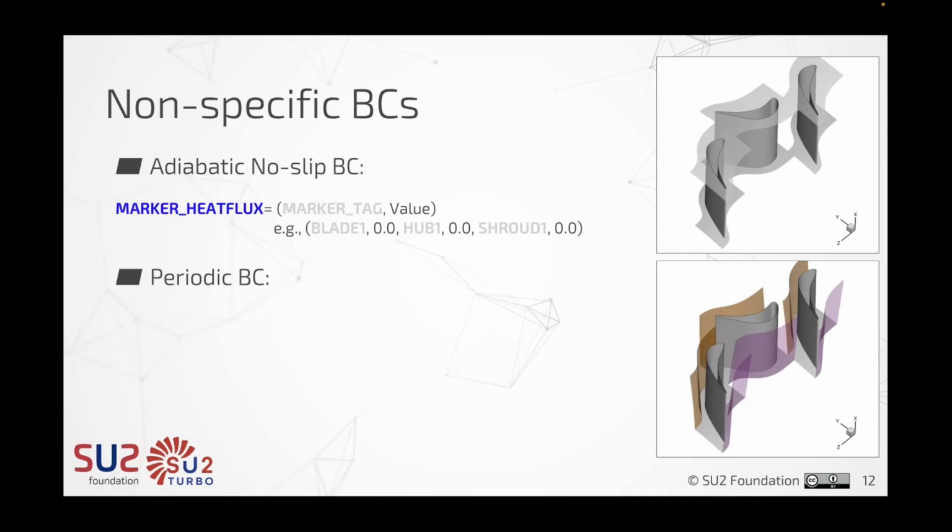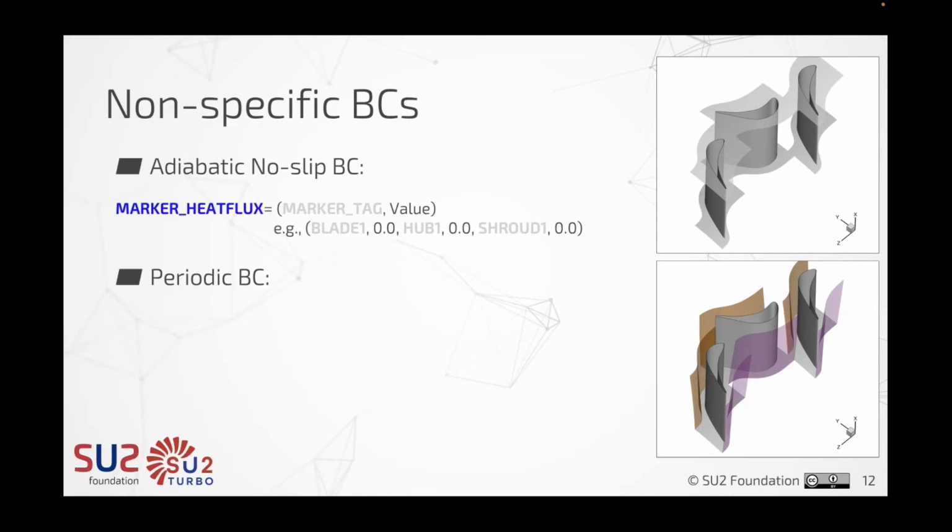Another very important boundary condition that is also not specific to turbomachinery applications is the periodic boundary. Well, in the introduction, I said that we can exploit the geometrical periodicity of the system, reducing it to the flow domain that we see here.